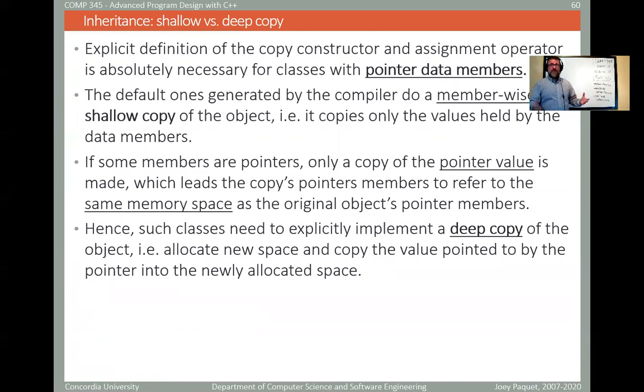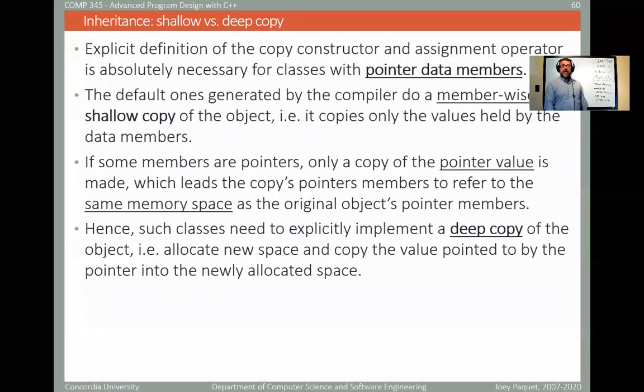That's what is called a shallow copy, as opposed to a deep copy. A deep copy would actually make a copy of the values pointed to, and then create the object containing copies of these pointed values. We'll see an example right away.